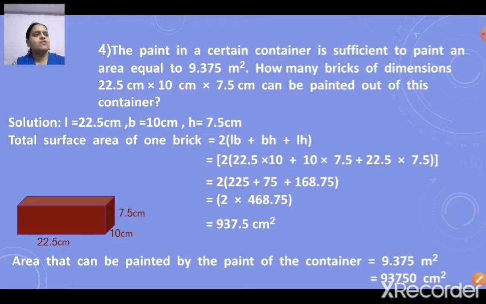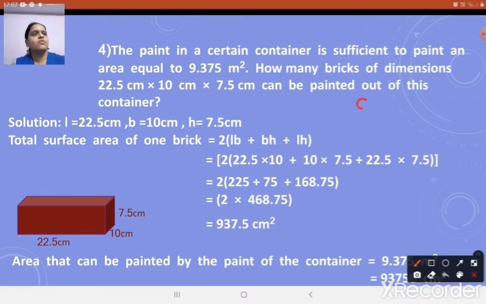So what we will do? Here it is 9.375 multiplied by 100 and again multiplied by 100, because it is meter square. So you are converting into centimeter. So it will become 9375 with 4 zeros. Is it correct?